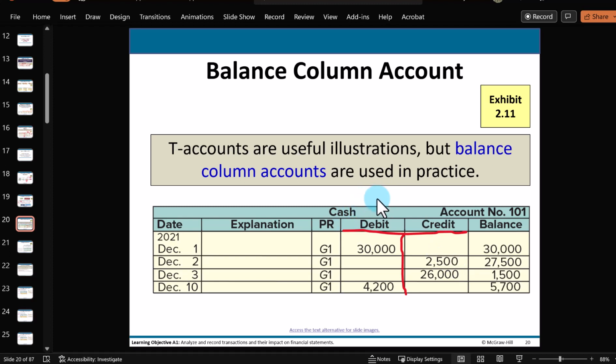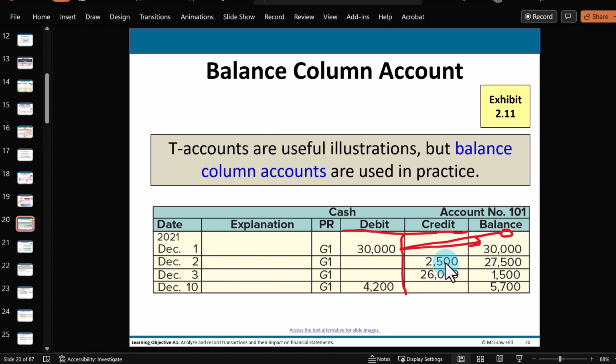But now we don't have to wait to the end of the month to get a balance. You have a running balance here in the right-hand column. Because this is a new business, you start off with zero cash. And you're going to increase this asset. Remember, that's the rule for cash. Increase it now to a positive 30,000 balance.